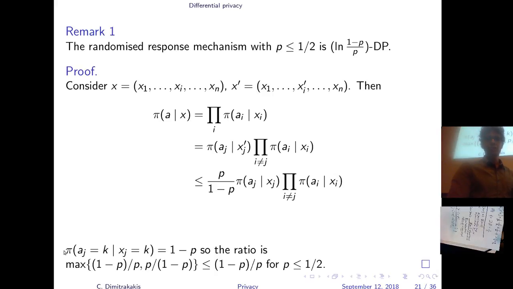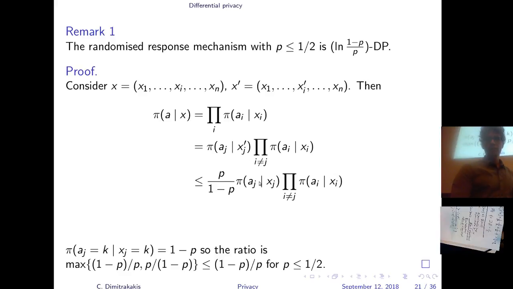And actually, the calculation is the same, because the probability that Aj equals k if xj equals k is 1 minus p always, because that's how we define the mechanism. So we want to basically find the ratio between P(Aj given xj) and P(Aj given xj') when they are different. And this is the maximum of these two fractions. Yeah. And this is always smaller than (1 minus p) over p. So now we can use this to produce an inequality here. Because this ratio is always bounded by this one for p smaller than half, then we can just basically use this as an inequality for that.